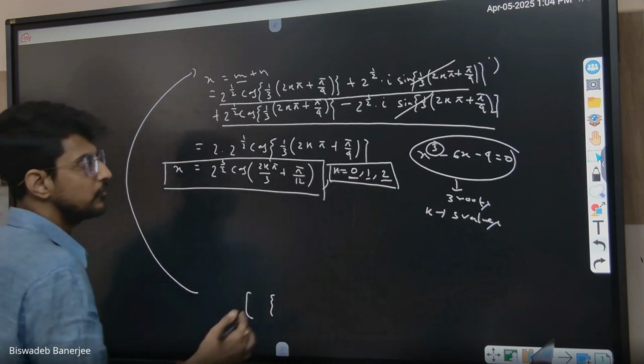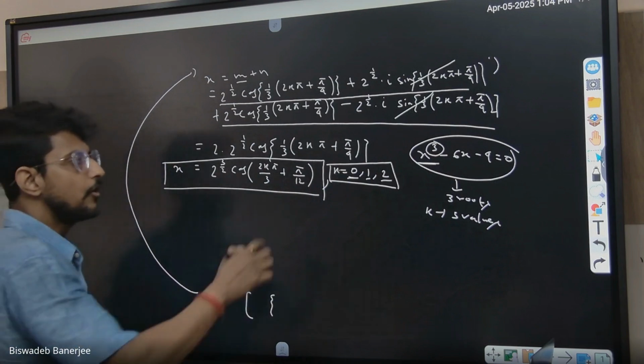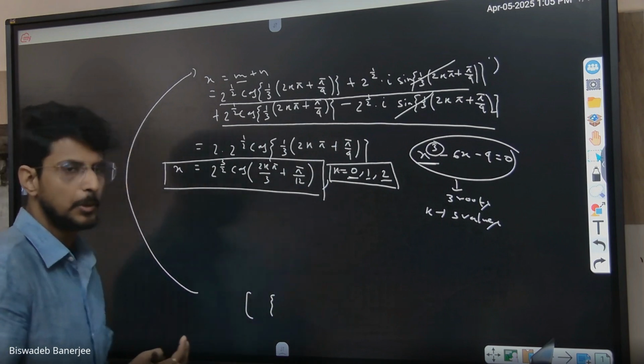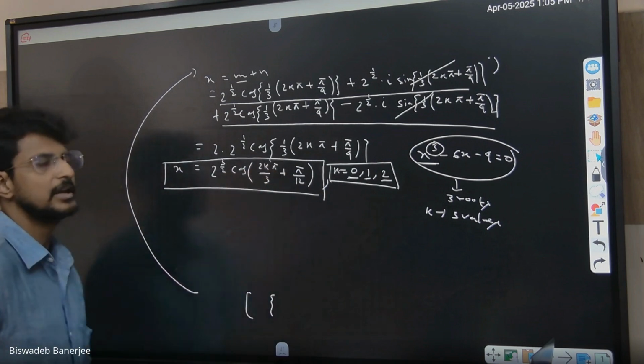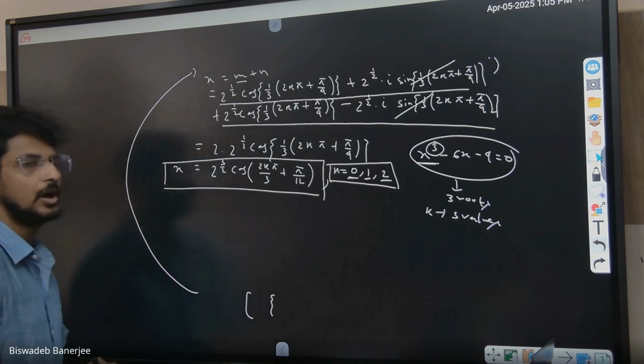One root is obtained by taking k equal to 0, because 0 is my first integer. If we put k equal to 1, we shall get our second root, and if we put k equal to 2, we shall get our third root.